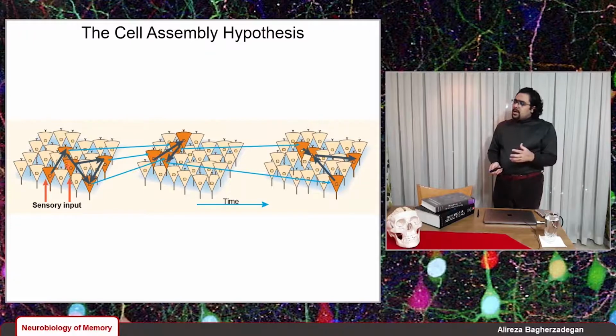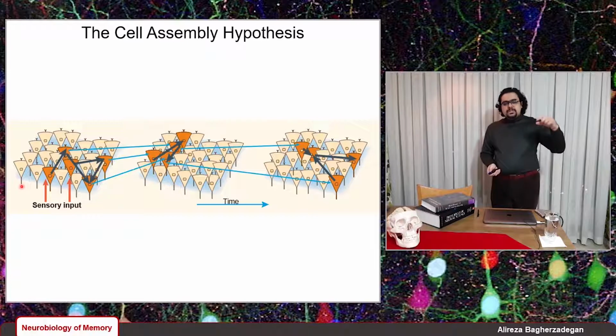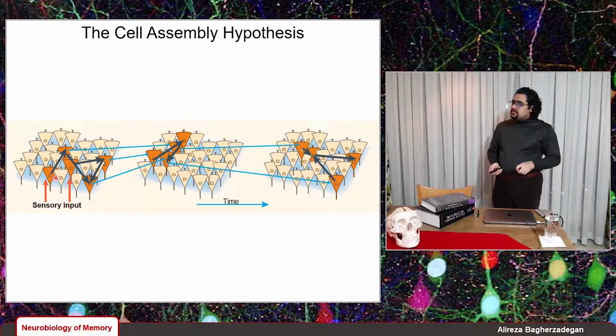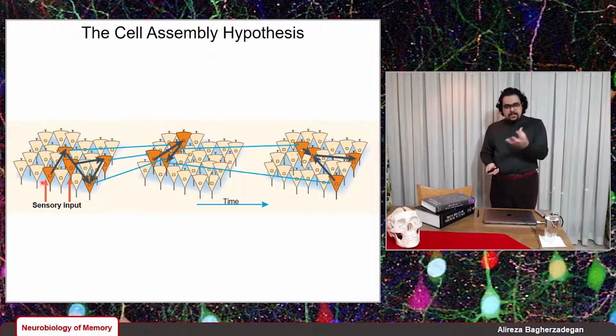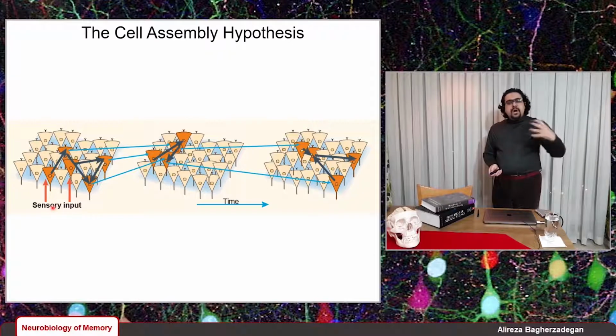And when one or two or a few of them fire, because there are strengthened recurrent connections among the members of a single cell assembly, represented by these black arrows, they are going to temporarily and transiently stabilize the firing of the cell assembly through mutual excitation.